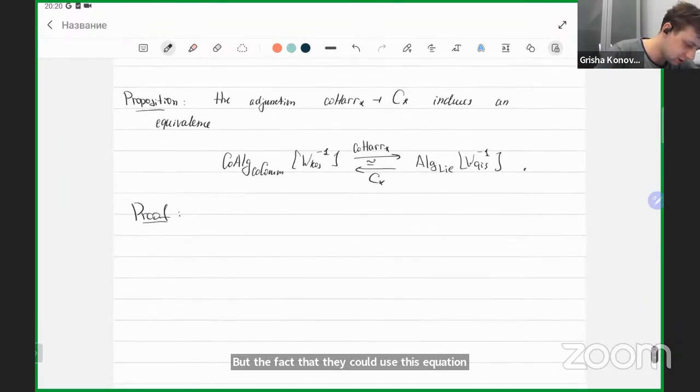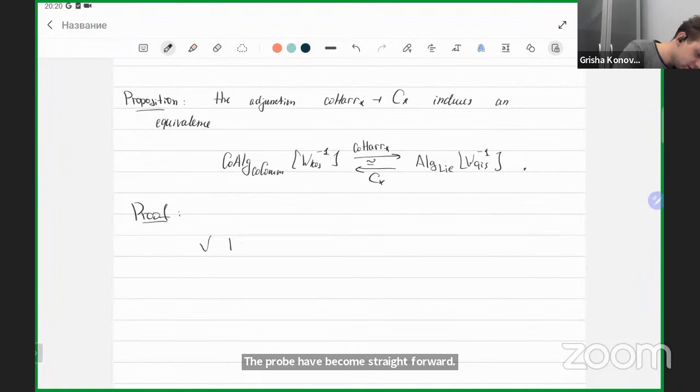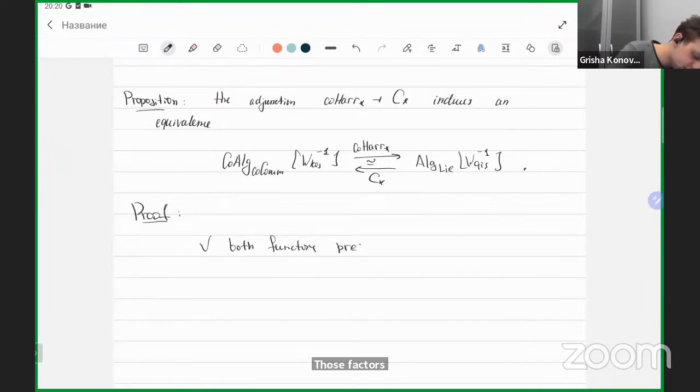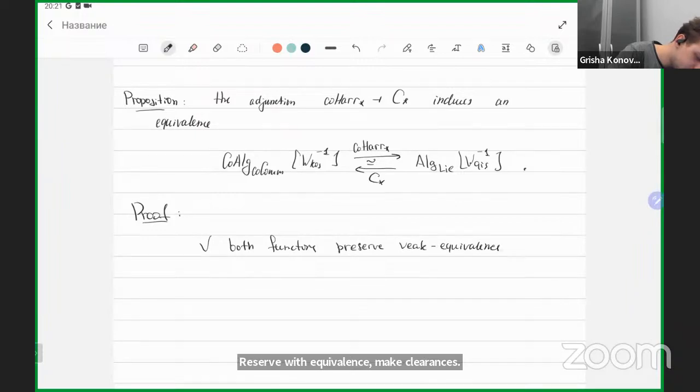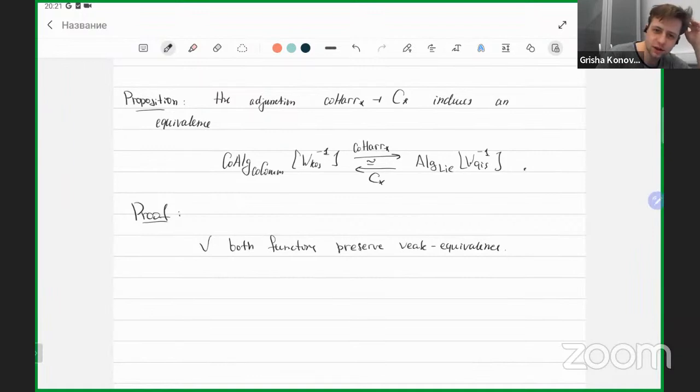First, we need to check that both functors preserve weak equivalences. The left adjoint does that by the definition.